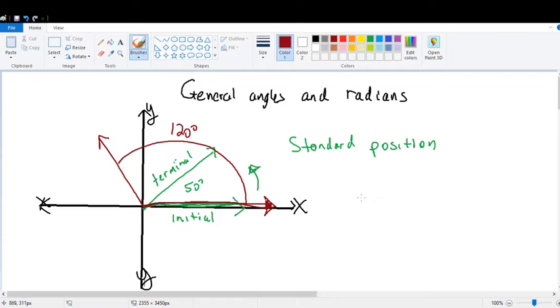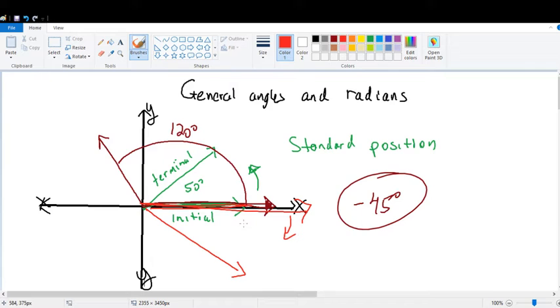Sometimes you may have a negative angle, like negative 45 degrees. What this is really implying is that, well, you still have the initial side on the x-axis, except this time, so here's the initial side. This time it's not going counterclockwise, it's going clockwise.